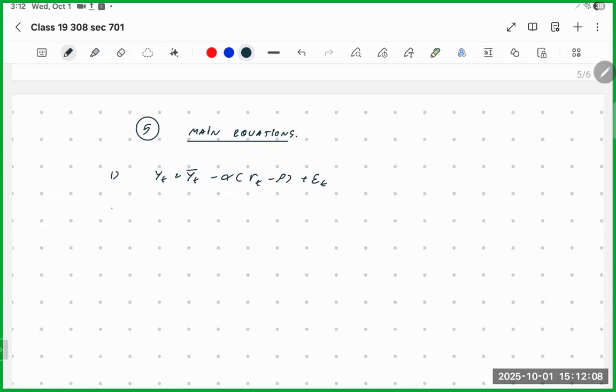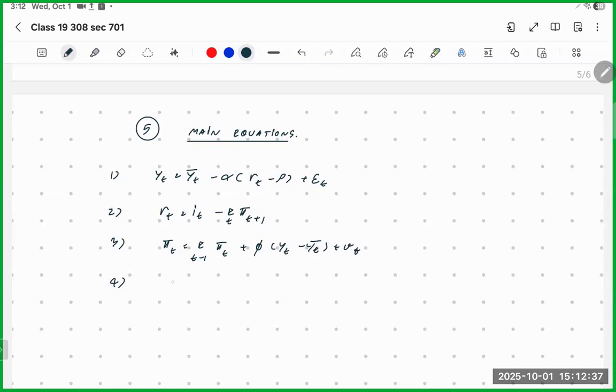This is an equation of demand for goods and services. Equation 2, we have the Fisher equation, rt equal to it minus expected t pi t plus 1. Equation 3, the Phillips curve, pi t equal to expected t minus 1 pi t plus theta yt minus yt bar plus vt.